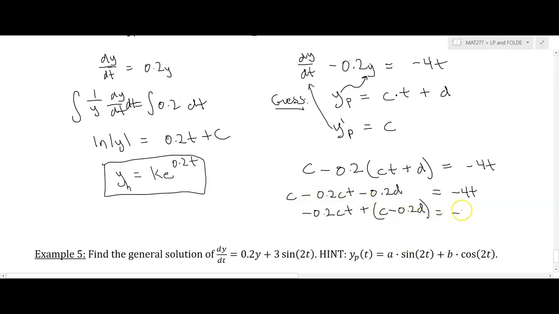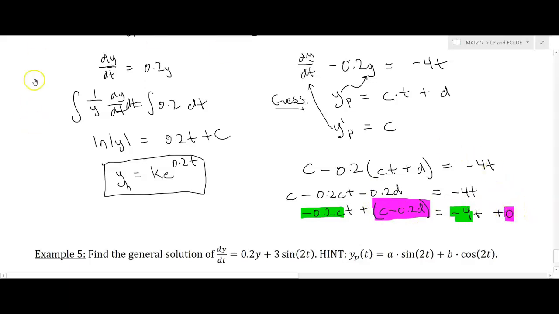And that has to equal -4t plus 0. The reason I write it out like this is because this coefficient here has to equal this coefficient there. That's the only way that the t terms can be equal. Also, c and d are just constants, so c minus 0.2d is also a constant, and that constant has to equal 0.